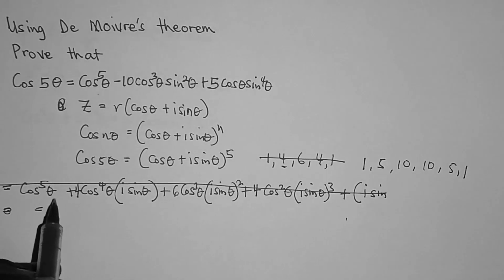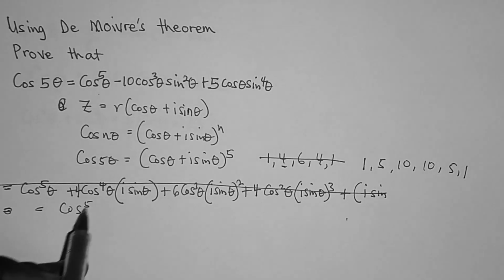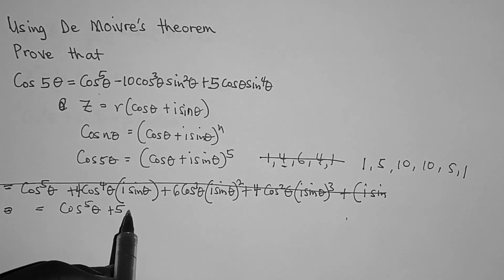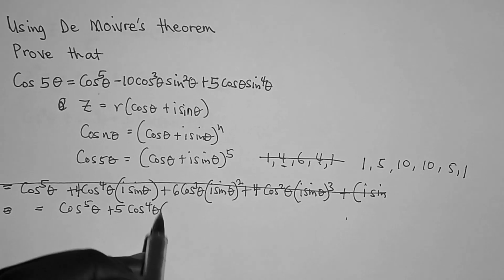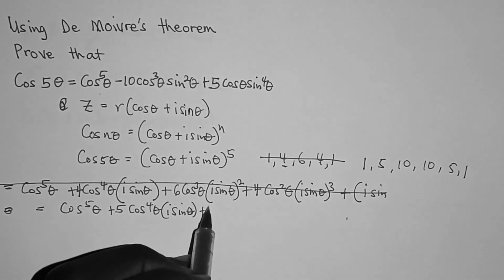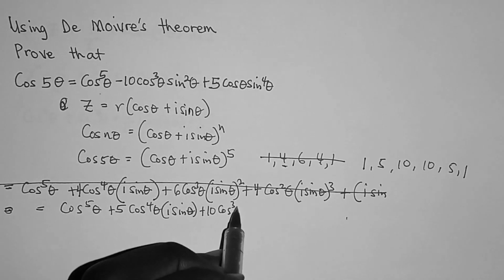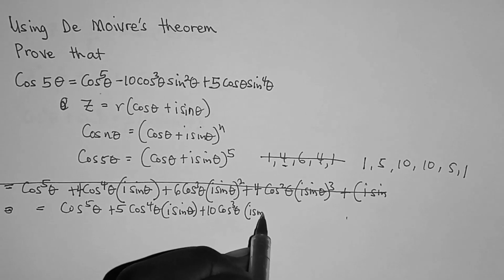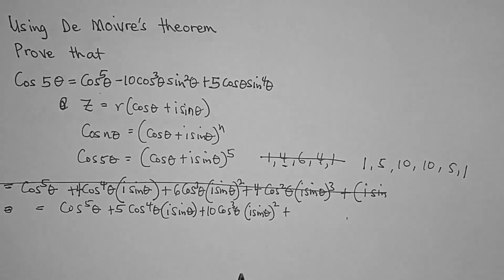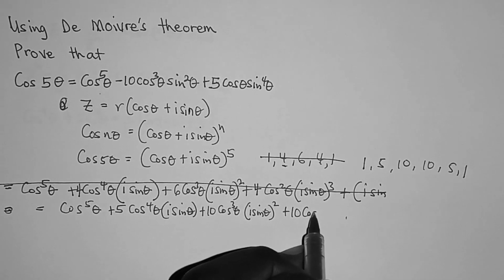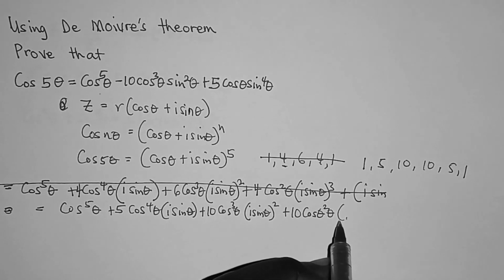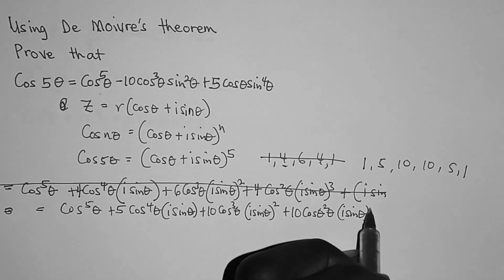So this is equal to cos theta exponent 5, then plus, the next coefficient is 5, times cos theta exponent 4, i sine theta, then plus 10 cos cubed theta, i sine theta exponent 2, then plus the next coefficient, also 10, cos squared theta, i sine theta exponent 3.